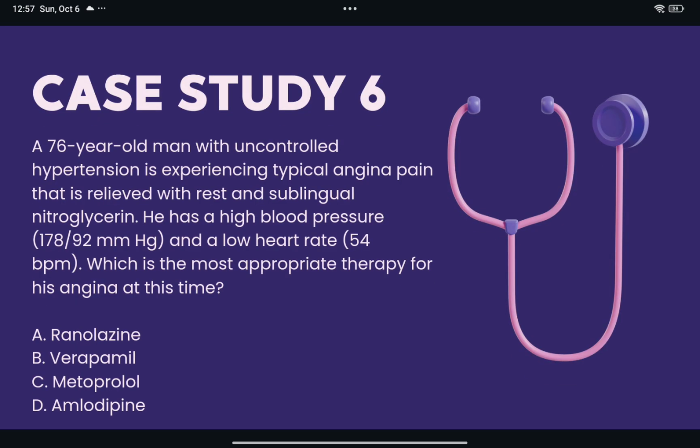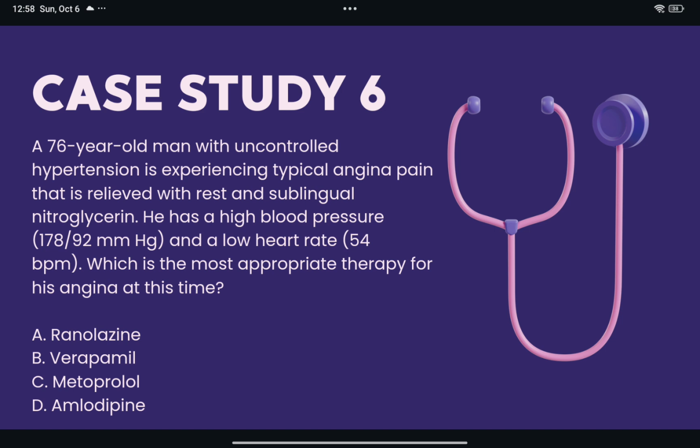Next, a 76-year-old man has uncontrolled hypertension and is experiencing typical angina pain, relieved with rest and sublingual nitroglycerin. He has high BP and low heart rate. Blood pressure is high, hypertension, and bradycardia. What is the most appropriate therapy at this time?